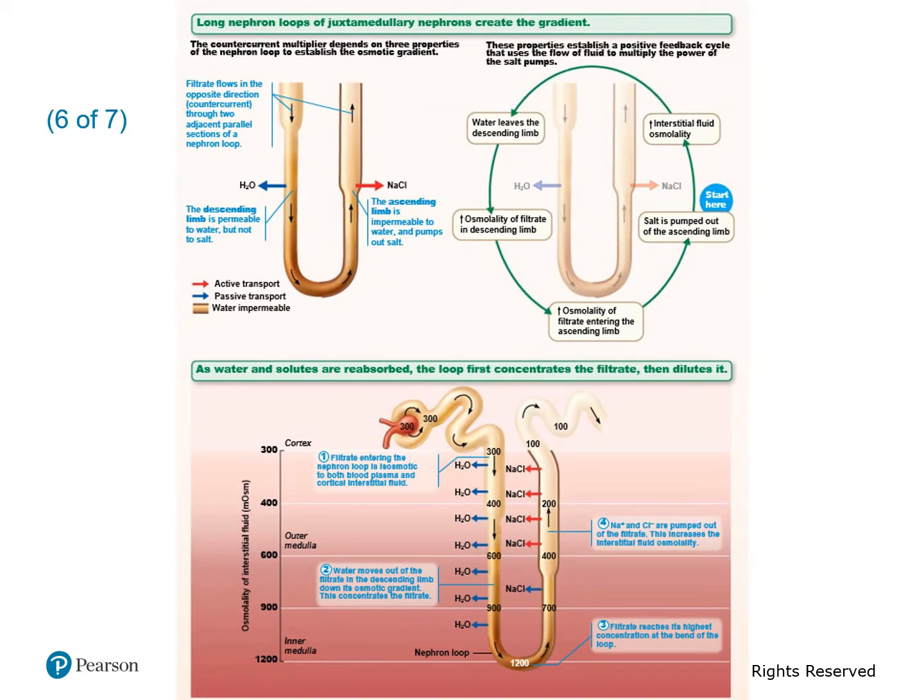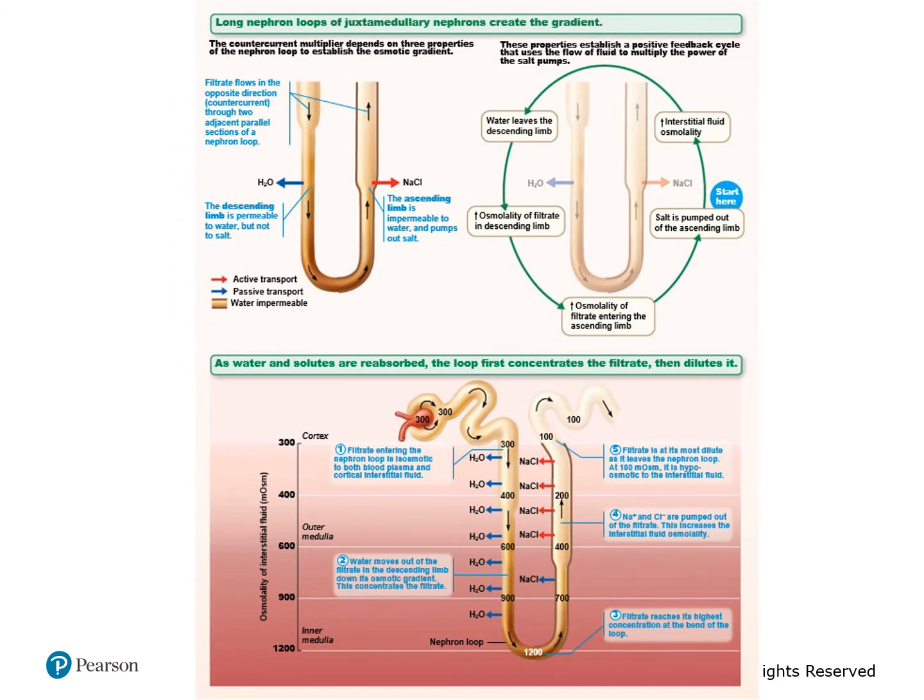Number 4, sodium and chloride are pumped out of the filtrate, and this increases the interstitial fluid osmolality. Next, the filtrate is at its most dilute as it leaves the nephron loop, at 100 mOsm. It is hypoosmotic to the interstitial fluid.